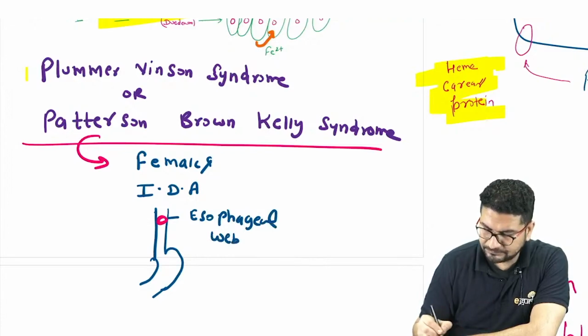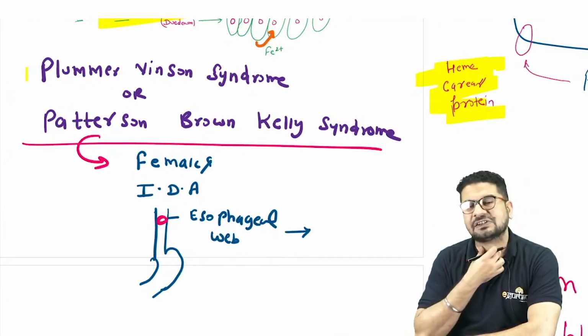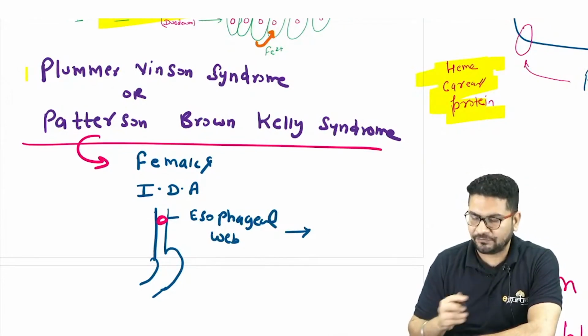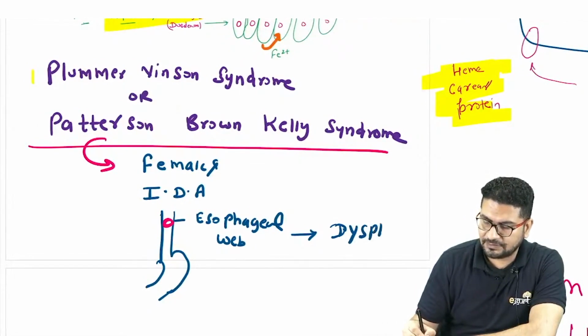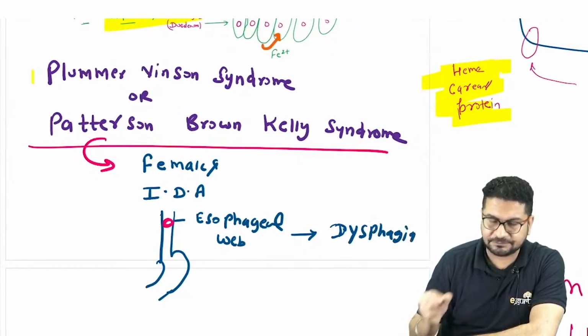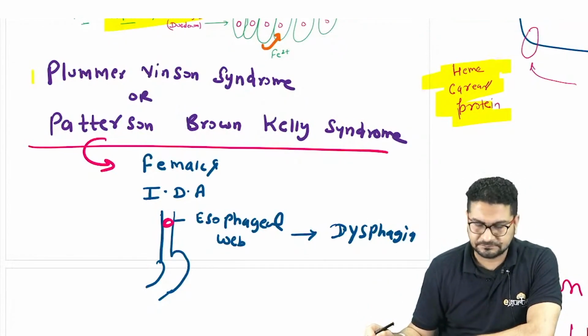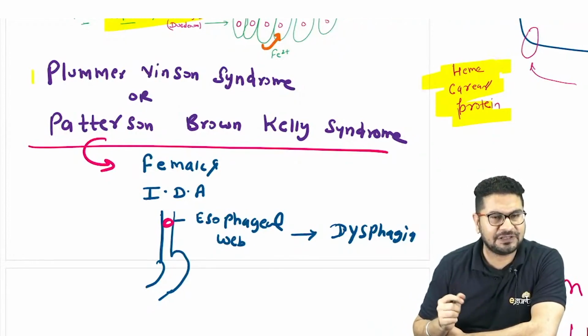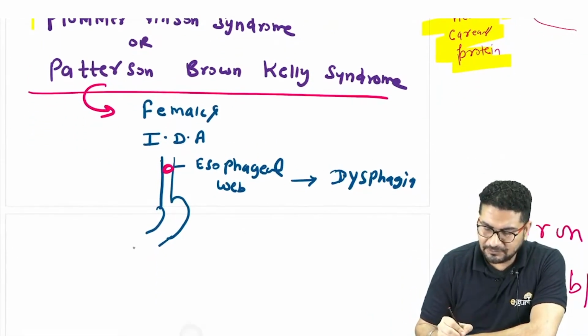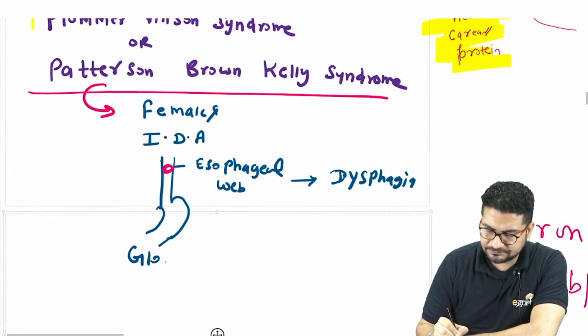Because of this web-like formation in the esophagus, they will develop dysphagia, difficulty or pain in swallowing. This female will also have inflammation of the tongue, which is called glossitis.